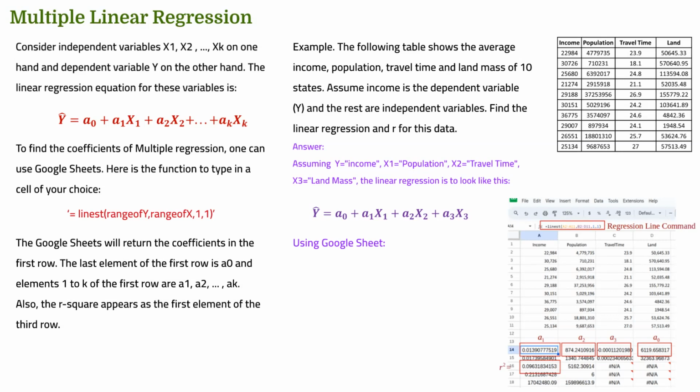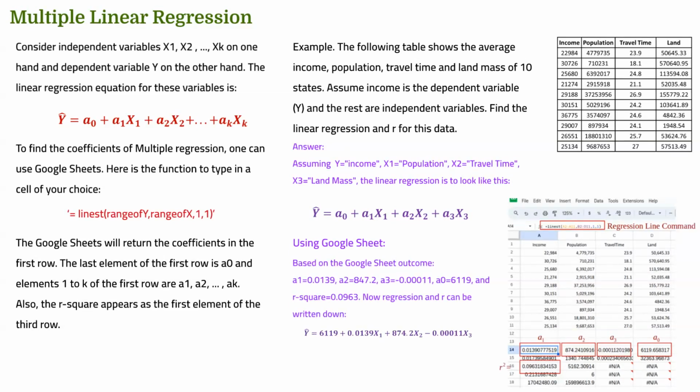The first row shows coefficients, a3, a2, a1, a0. A1 is 0.0139, A2 is 847.2, A3 is minus 0.00011, and A0 is 6119.